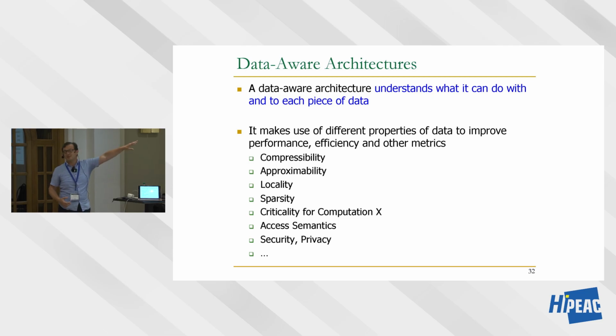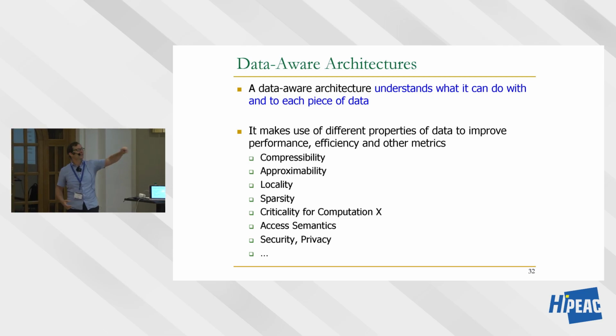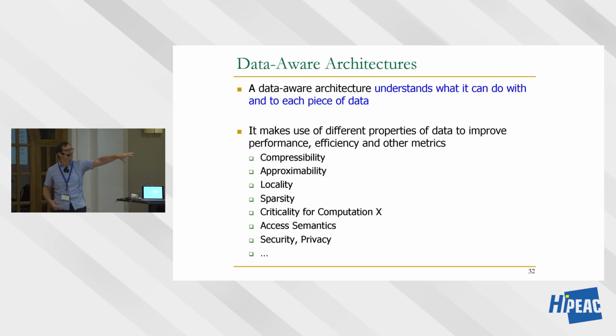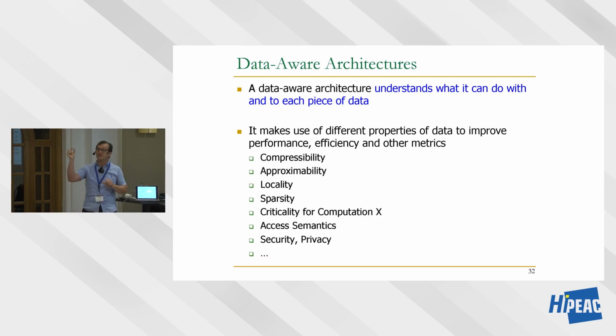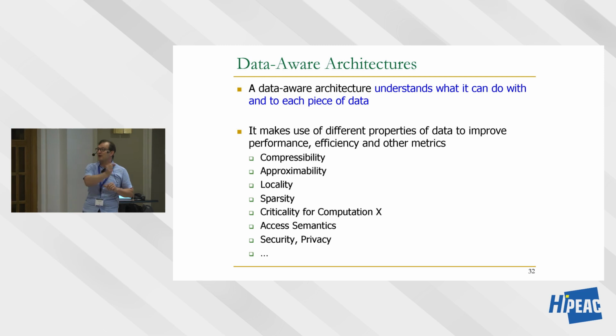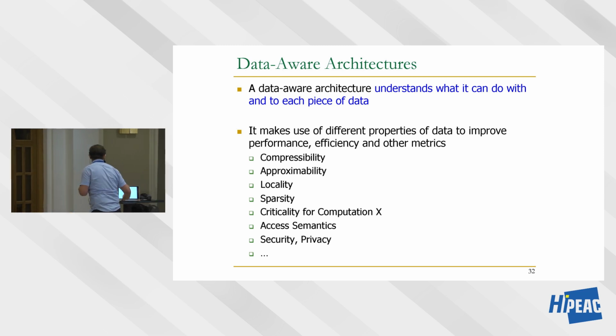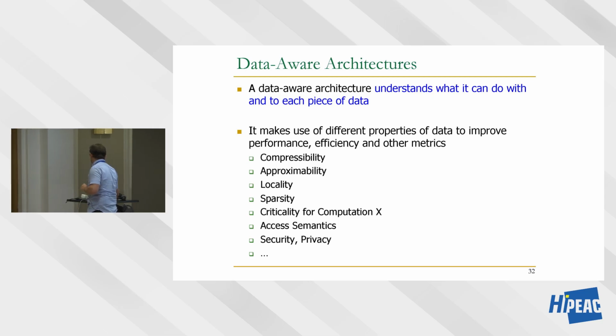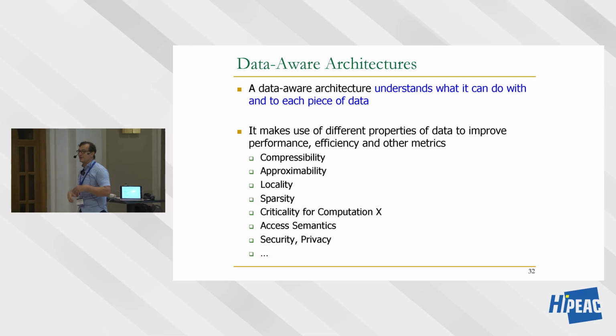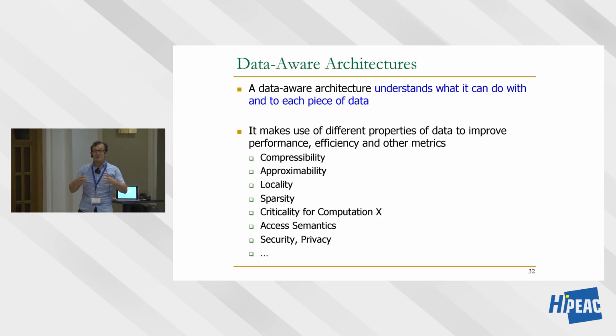Data has different compressibility, approximability, locality, sparsity, and criticality characteristics, in terms of how critical a particular piece of data is to the accuracy of your computation, or even the finishing of your computation. It has access semantics. It has security and privacy characteristics also. So if you can somehow communicate this information to the underlying hardware, then you can actually make much better decisions.